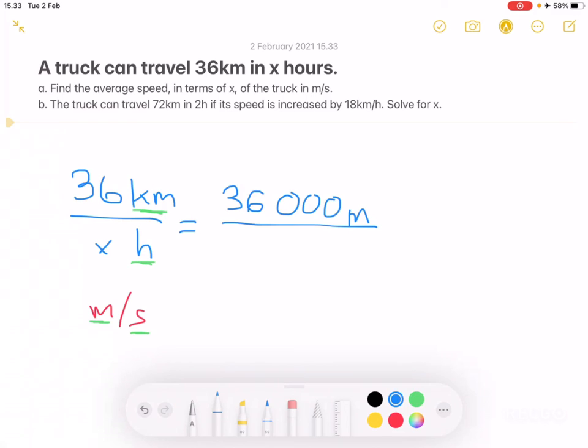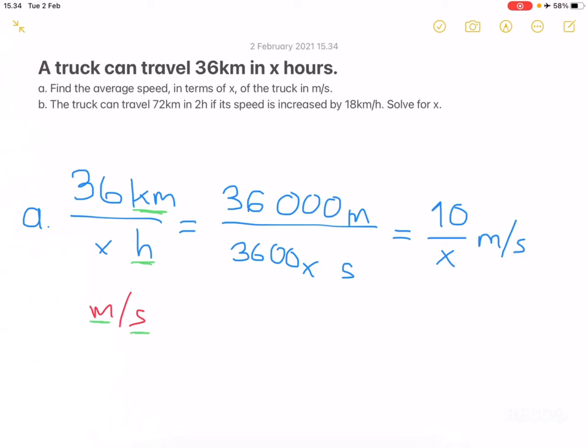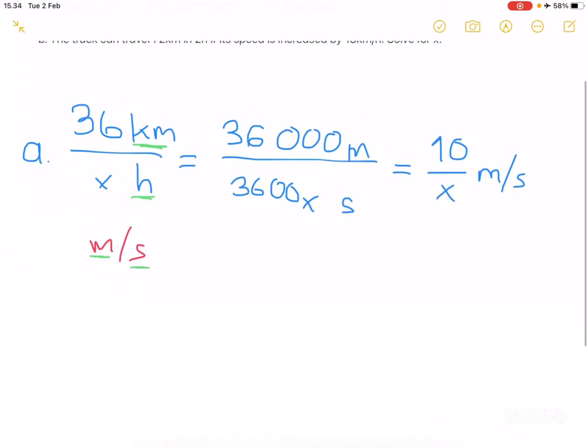You can just multiply that by 3,600, so you get 3,600x seconds. The units now turn into seconds. So after calculating this, you will get that this will be equal to 10 over x meters per second, and this is the answer for A part. For B part, it's a bit tricky.